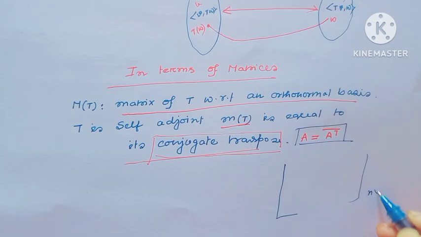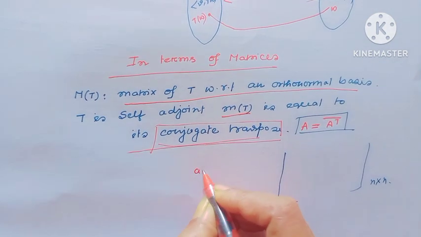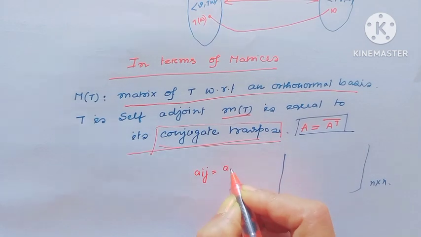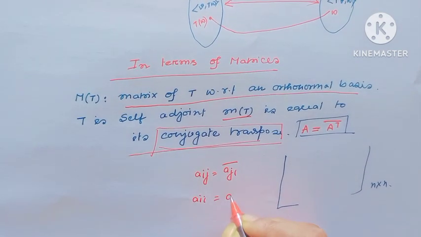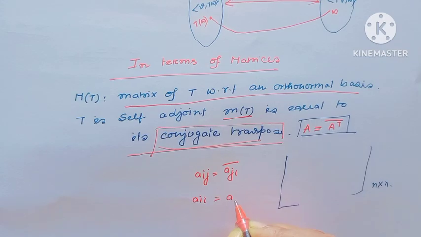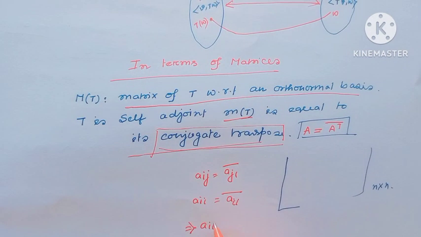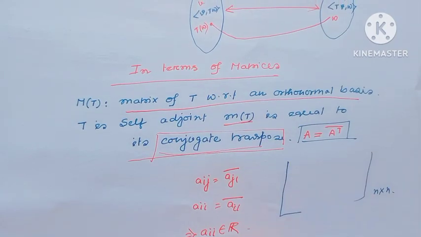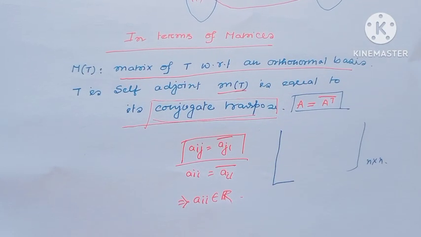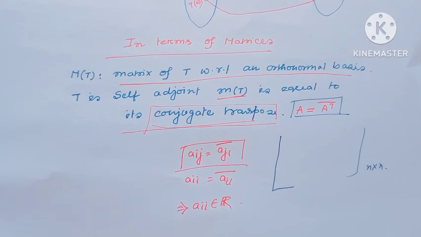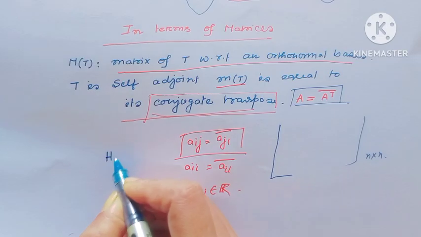If this is an n cross n matrix, then A_ij equals A_ji bar and A_ii equals A_ii bar. That means the diagonal element A_ii belongs to the real numbers, and otherwise A_ij equals A_ji bar. So this type of matrix is called a Hermitian matrix.